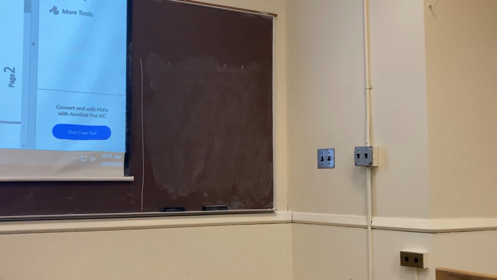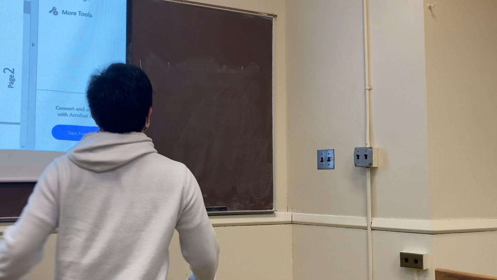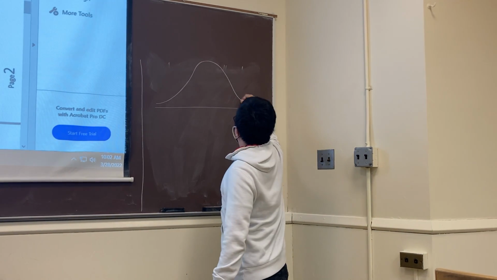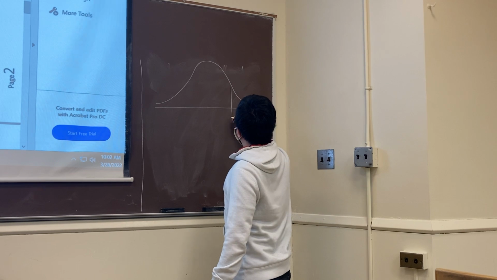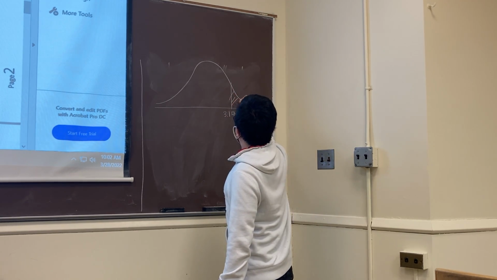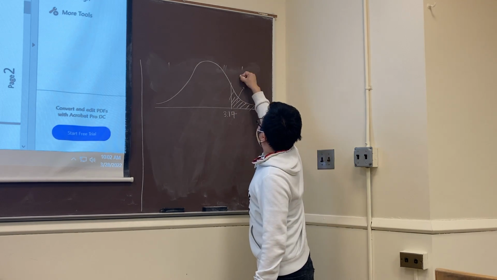So how to find this probability? Draw the picture for this. In chapter 6, 3.17. This means that we need to find the area of this one.